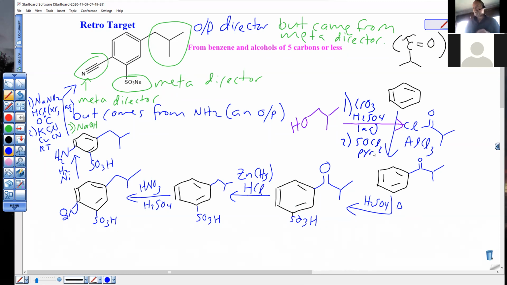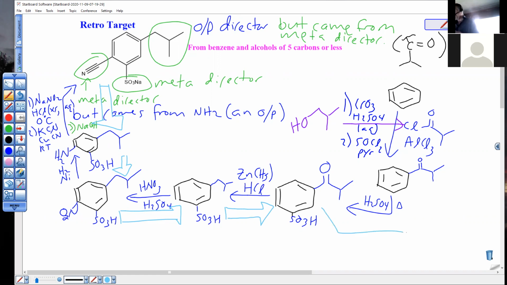And then we've got to convince the teacher we thought backwards through the whole thing. Let's do our retro arrows, saying, yes, we knew all along we wanted to go from here, from this guy down here. And this came from this here. And the one on the left came from this one on the right. Retro is getting a little funky looking here. And yeah, that does look weird.